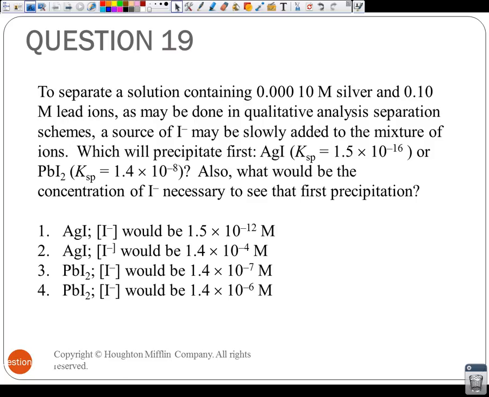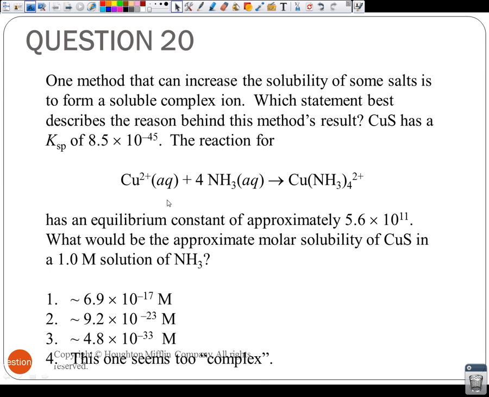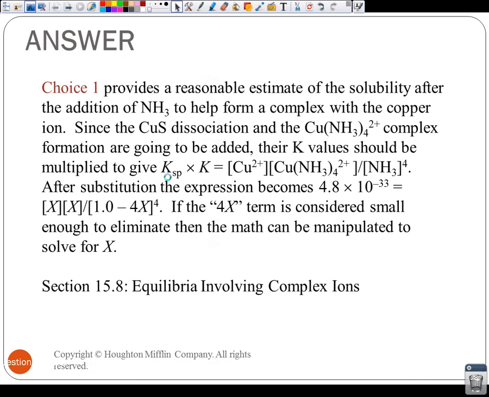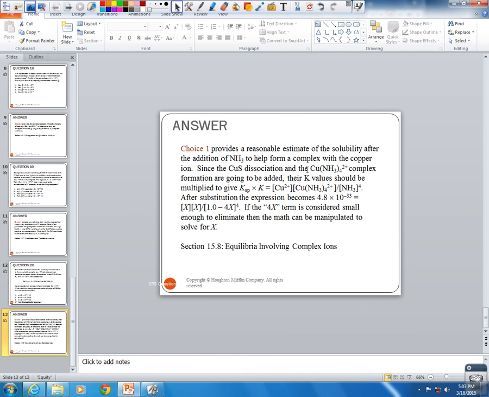Slowly add a mixture. Yeah, that's one of those other things we'll have to take time and do later. What about that increased solubility of salts forming complex ions? Definitely skipping the complex ions. Okay, that's the end of that one. We're going to move to another one.